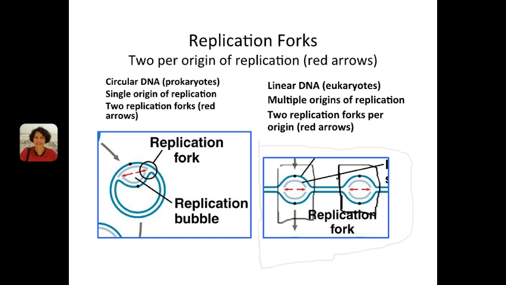We see here, for example, the origin of replication of this one, and there are 2 replication forks, one here and one there per origin. For this one over here, we've got 1 replication fork here and another replication fork there. Remember, the replication fork is where the 2 DNA strands separate from each other in the process of DNA replication.